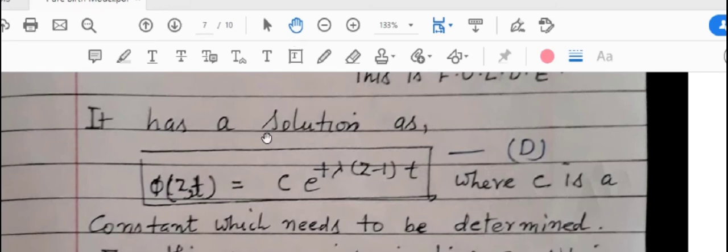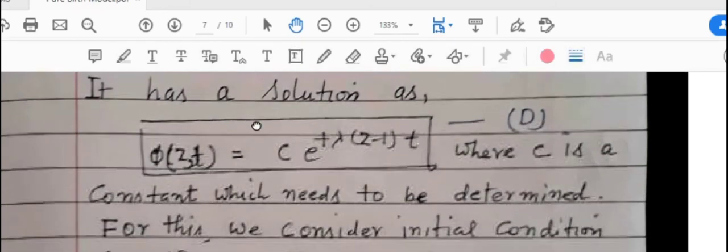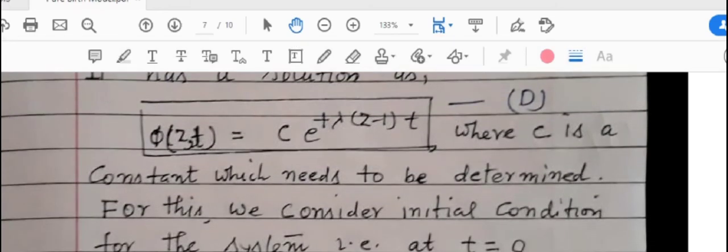This is a solution, and this solution is obtained for the standard first order linear differential equation. And what is C? C is a constant, and this constant needs to be determined. You know, in case of a differential equation, a constant can only be evaluated if we are given the initial conditions.